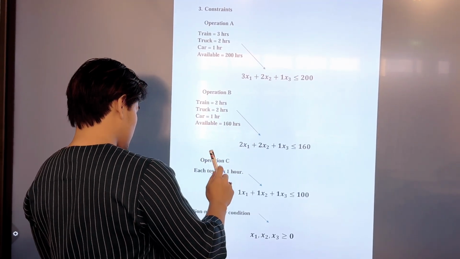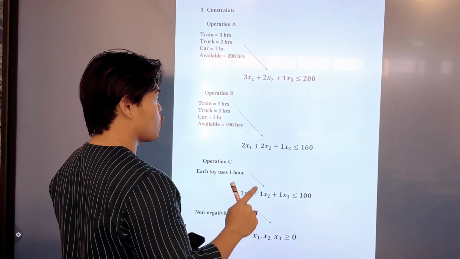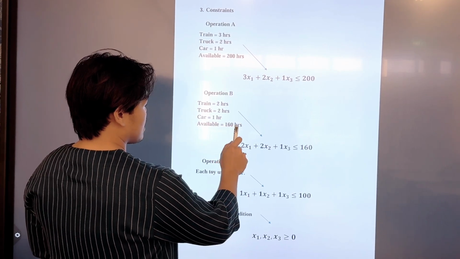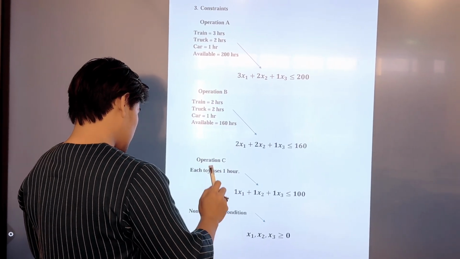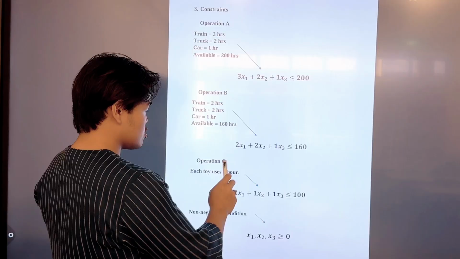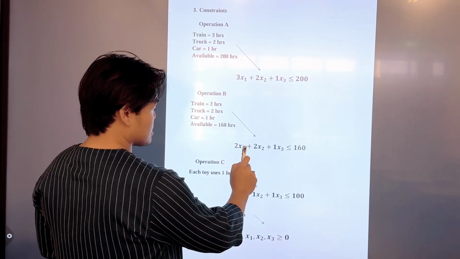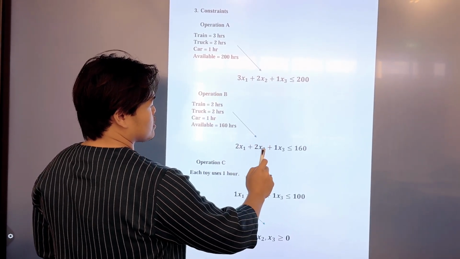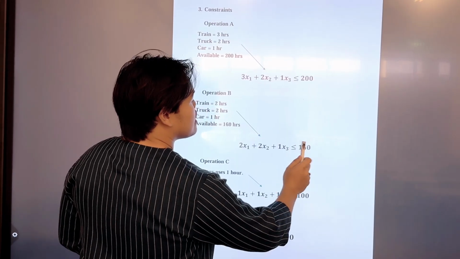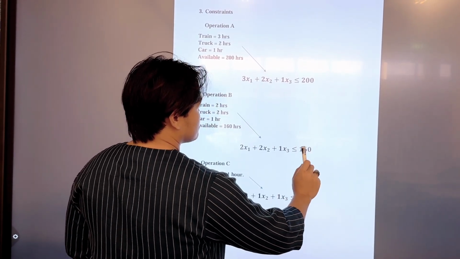The operational capacity limit is 160 hours. This is expressed as 2x1 plus 2x2 plus 1x3 is less than or equal to 160.